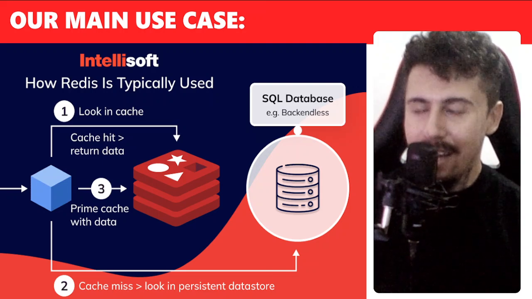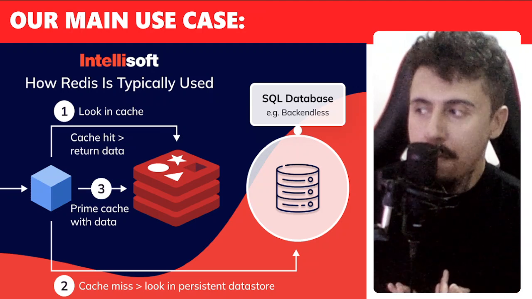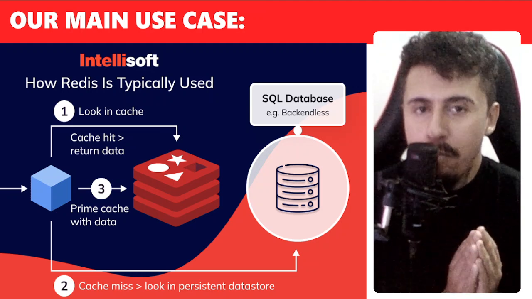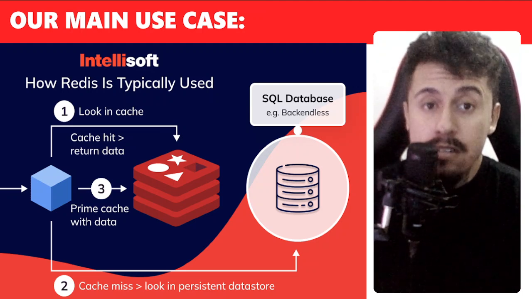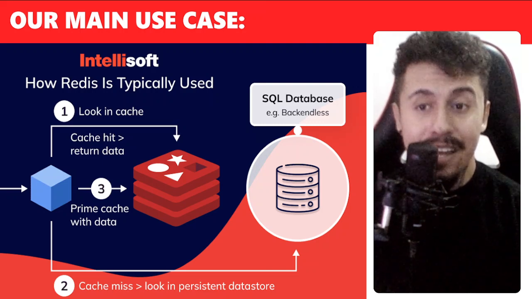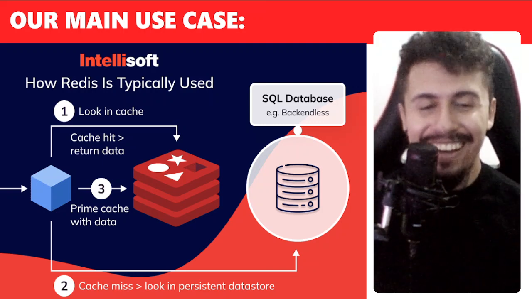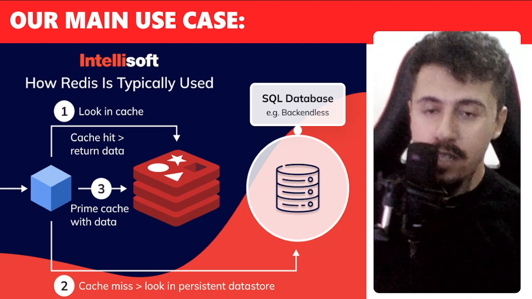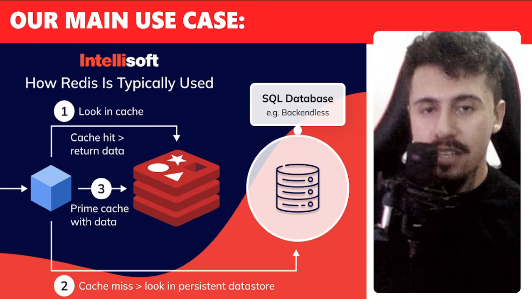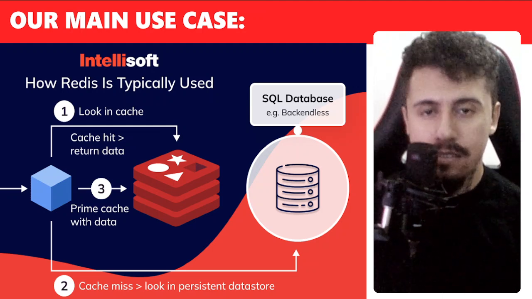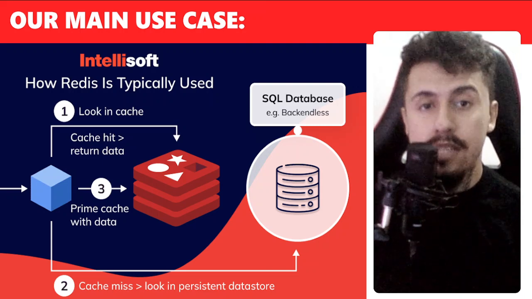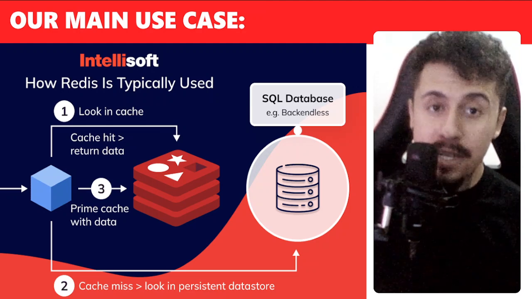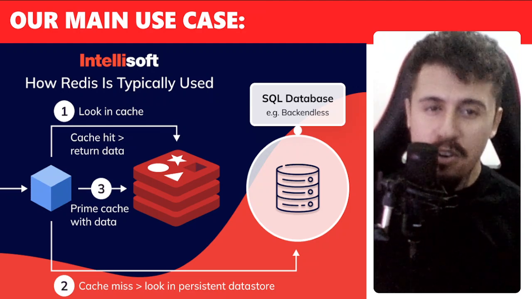Why can't I use the Redis database itself as my primary database? And the answer is you can, but you should not. Because when you store the data in memory, one issue that you are going to face is the high risk of losing this data. Of course, you have techniques to avoid this, but you are going to increase your costs.